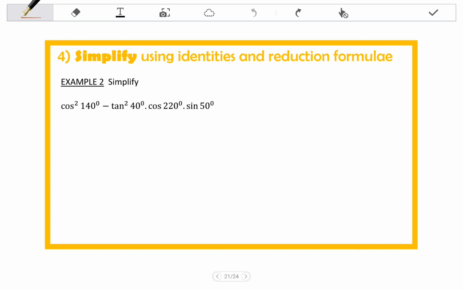Okay, so cos of 140 degrees all squared means (cos 140 degrees) all squared. That's the same for tan 40 degrees. What that means is (tan 40 degrees) all squared. So you don't have to write out this line in your working, but I'm just doing it so that you all remember what these squares mean.